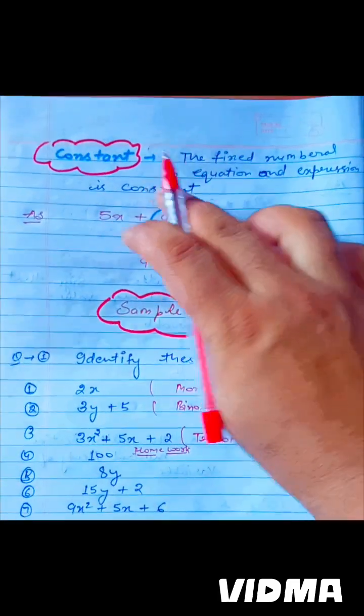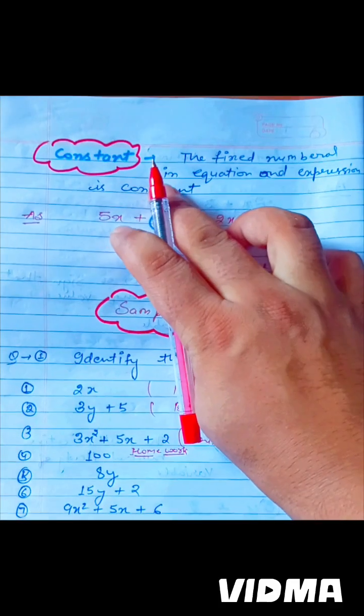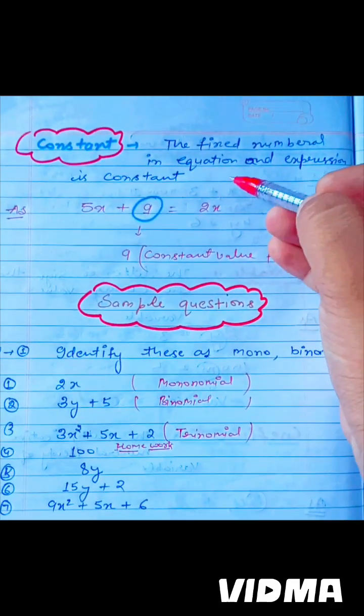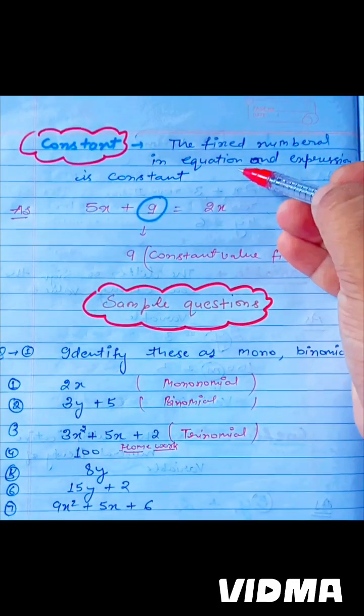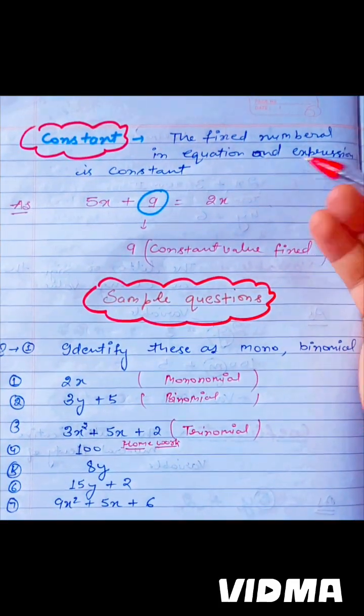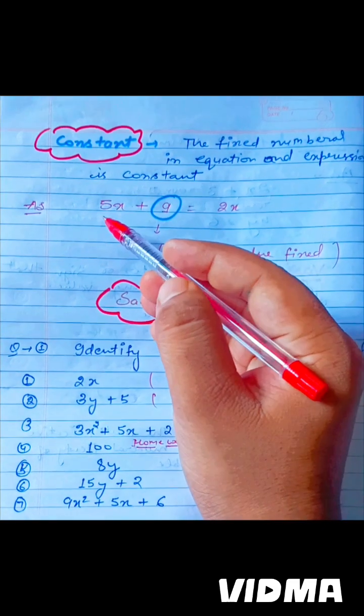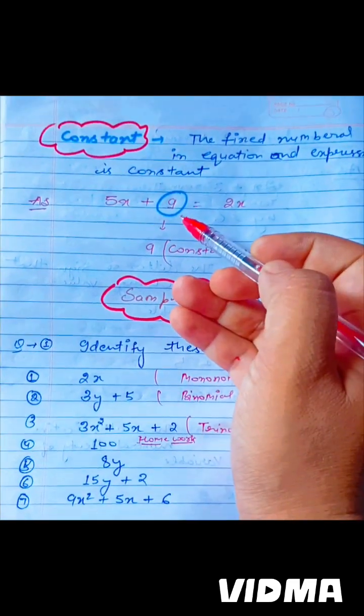The next element of an equation is constant value or constant. The fixed numeral in an equation, the fixed number in any equation or expression, is a constant. See in this equation 5x plus 9 equals 2x.